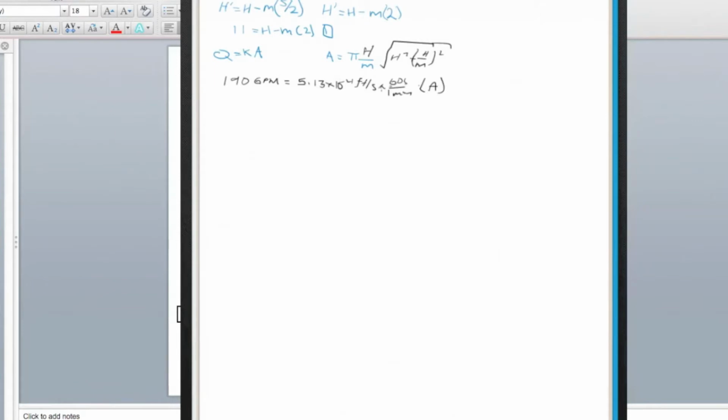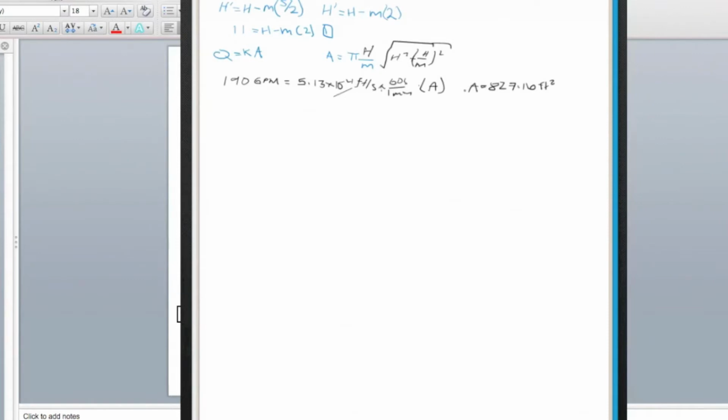So Q equals K A. If we solve this out, dividing 190 by this number, we get A equals 827.16, and that's square feet. That's the surface area.